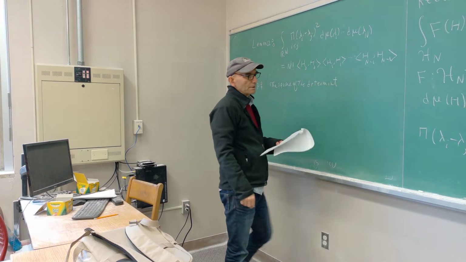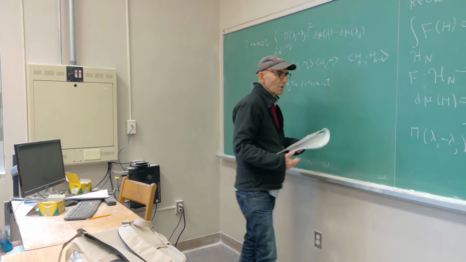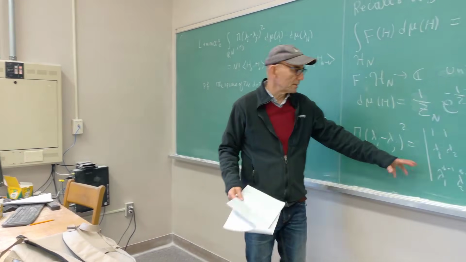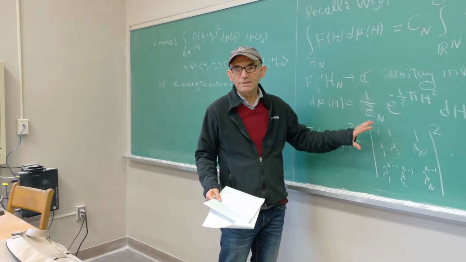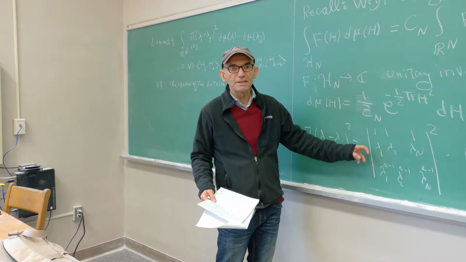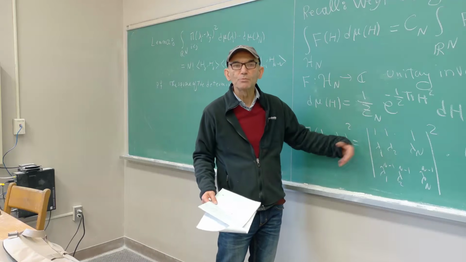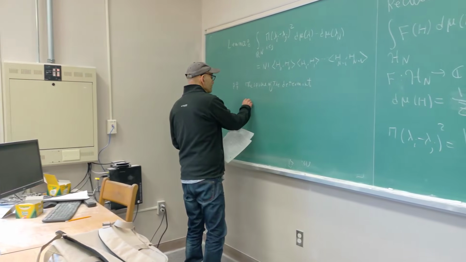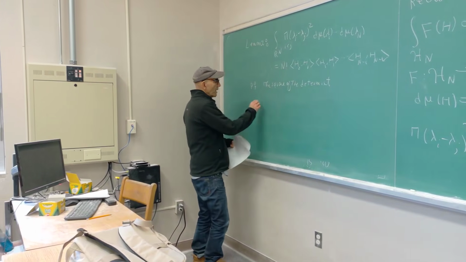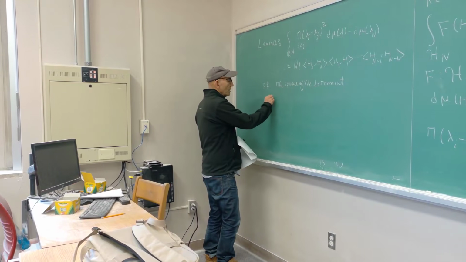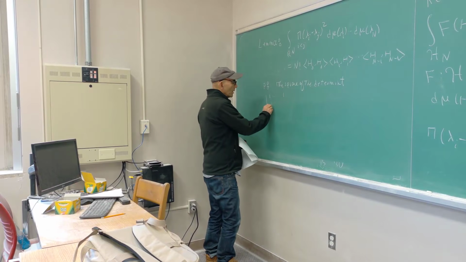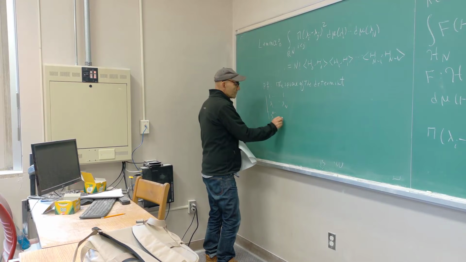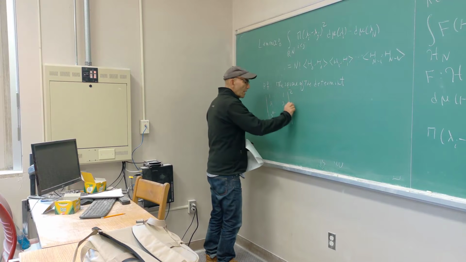Something we also proved last lecture is that this square is equal to the same thing squared, but replacing the lambda_i's with Hermite polynomials of lambda. You can write it as the determinant with rows 1, lambda_1 up to lambda_n, up to lambda_1^{n-1} through lambda_n^{n-1}, squared.